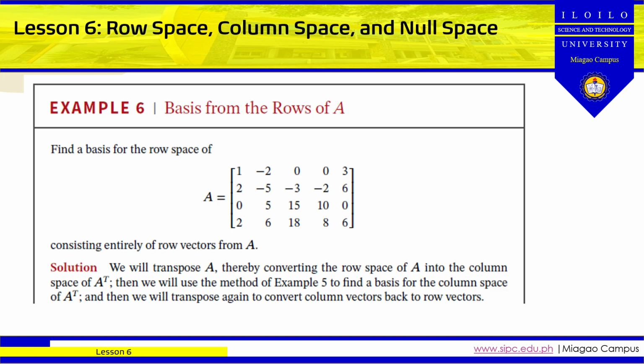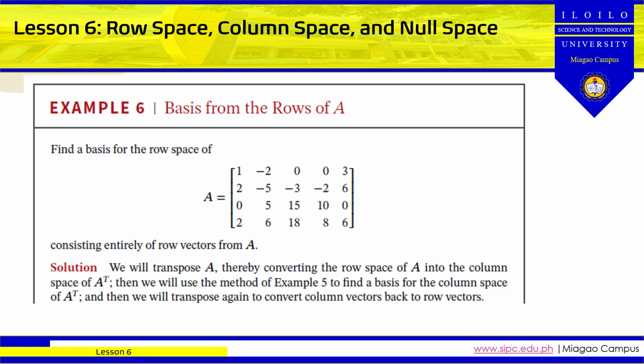For example 6, basis for the rows of A. Find a basis for the row space of A, in which we have the following given matrix A, consisting of row vectors from A. Solution: we will transpose A, thereby converting the row space of A into the column space of A transpose.